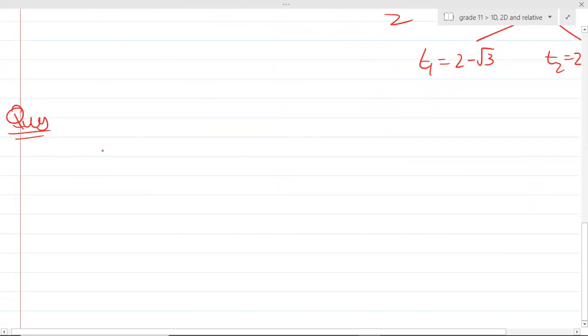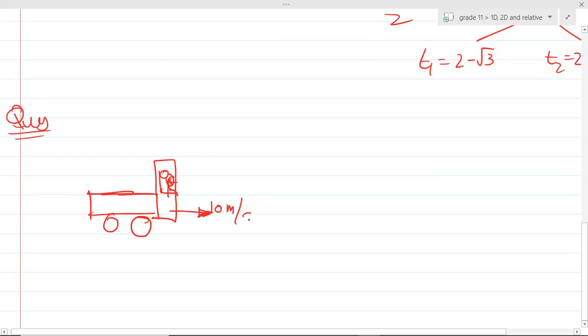Anyways, suppose guys, there is a truck. Can you see a truck? Okay, so there is a truck which is driving, let's say, at a speed of 10 meter per second.